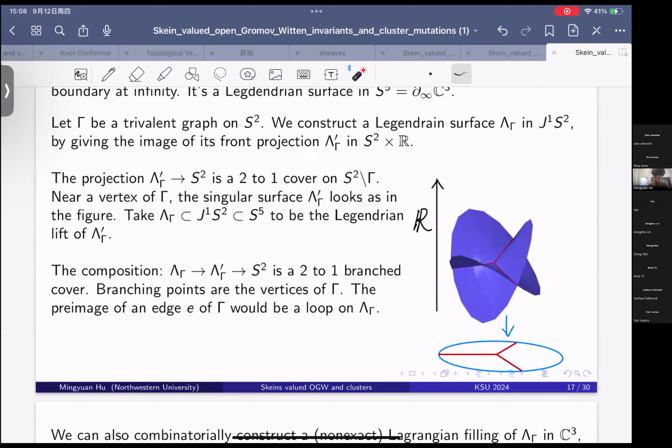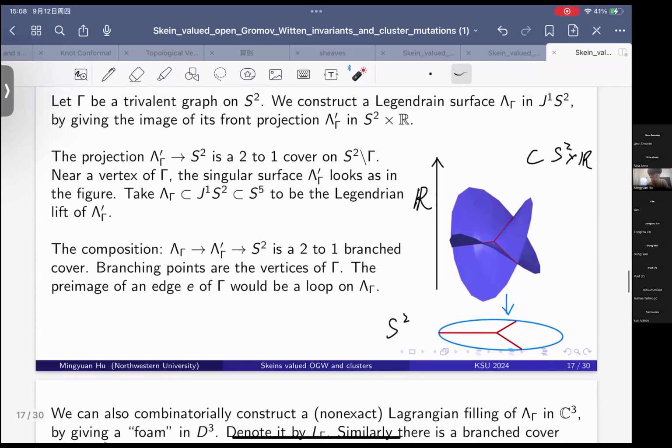So this is S2, and this is the projection. This whole thing lives in S2 times R, and this is our direction. If we project everything down, it looks like this.